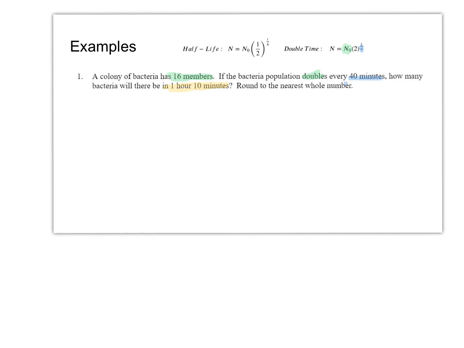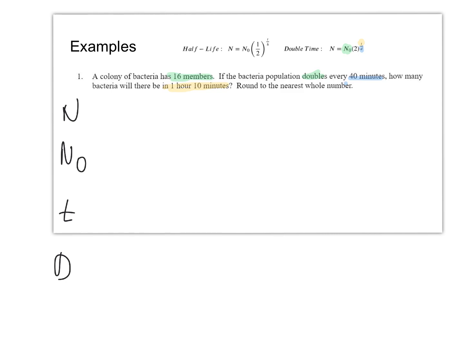So that's our time, that's going to be this one right here. We've read this, and we're going to round the answer to the nearest whole number. So let's get what we need here. We have N, N0, and T, and because we're doing double timing, it's going to be a D.